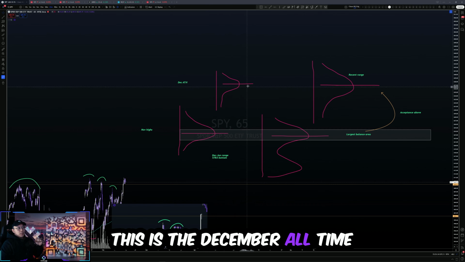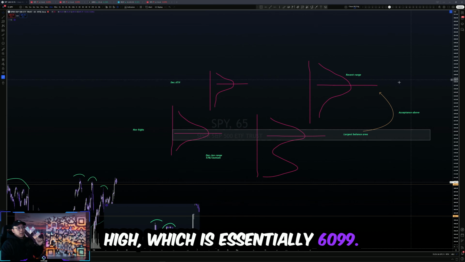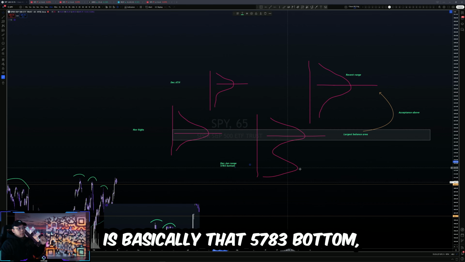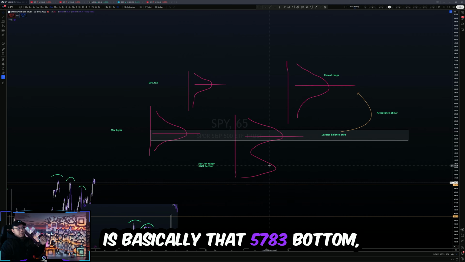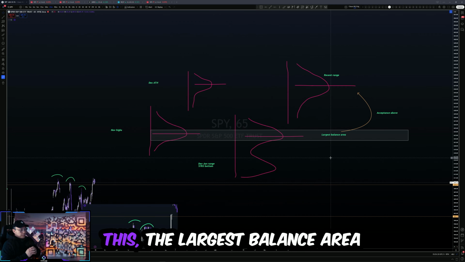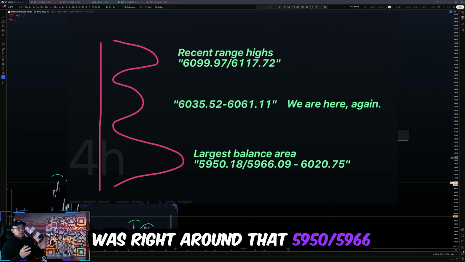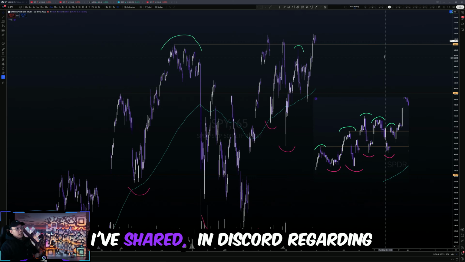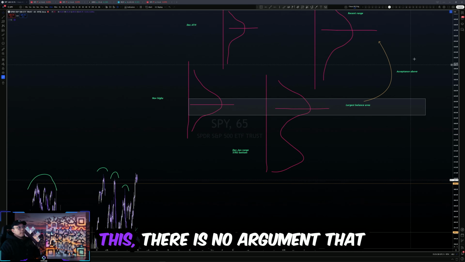This is the December all-time high, which is essentially 6099. And then this bottom range is basically that 5783 bottom. When you're taking a look at this, the largest balance area was right around that 5950, 5966, all the way to about 6020. I'll post a screenshot of what I shared in Discord regarding this.